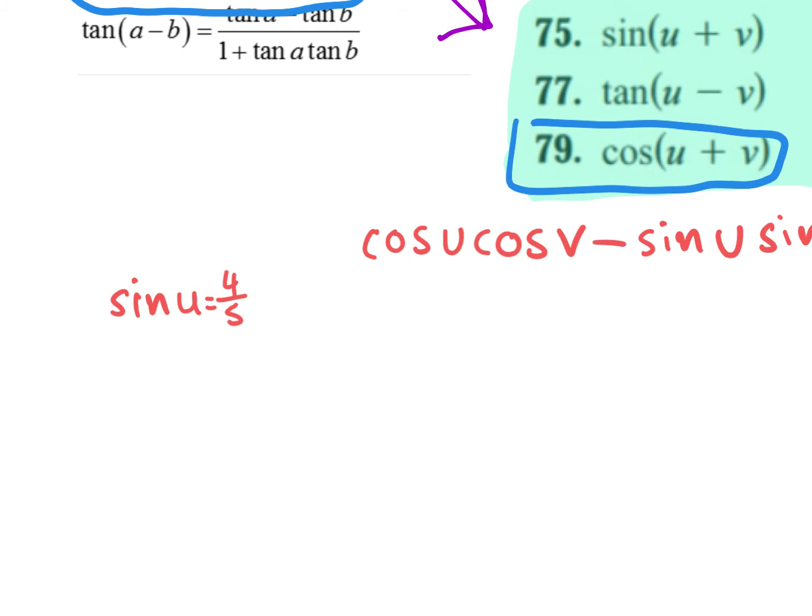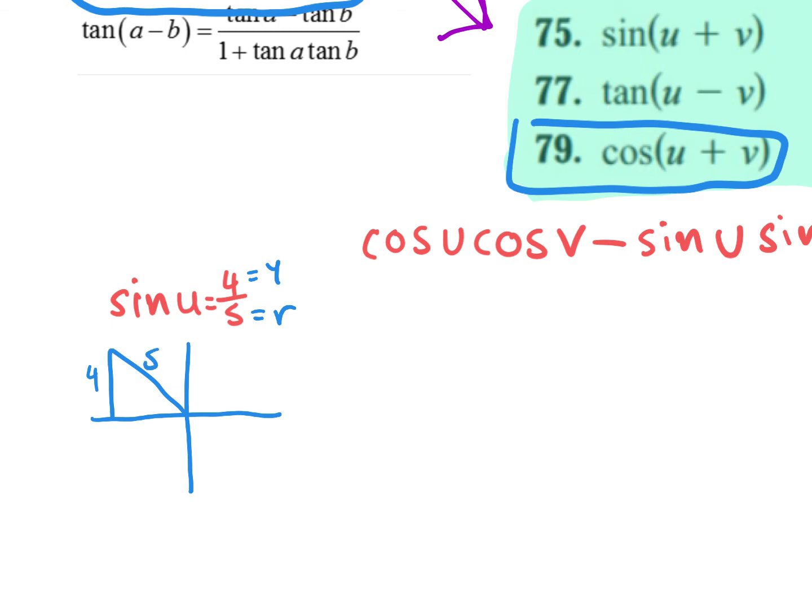In terms of x, y, and r. Y over r. So this would be y, and this one would be r, because it's y over r. So in my triangle, it says I'm in the second quadrant, which would be this one over here. My y is 4, and my r is 5.